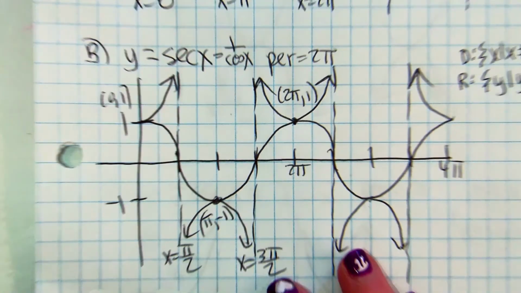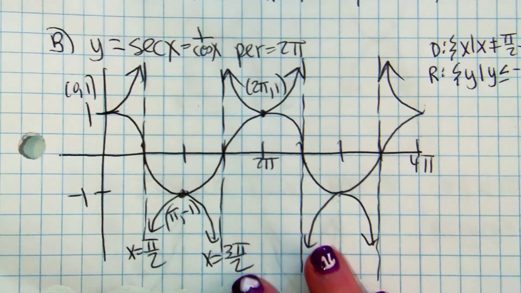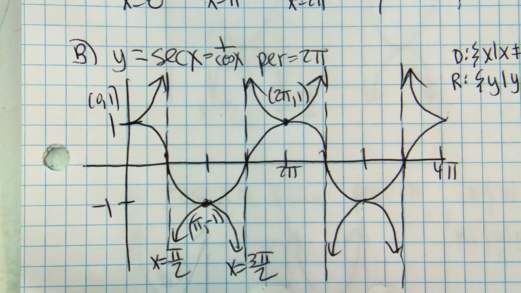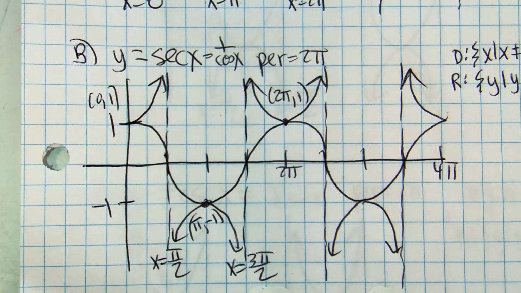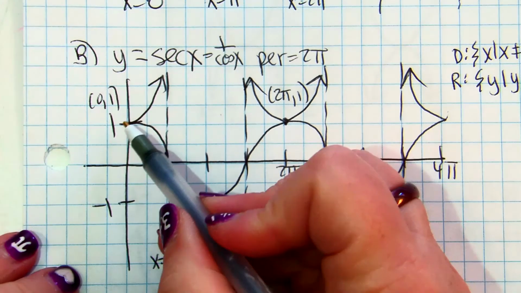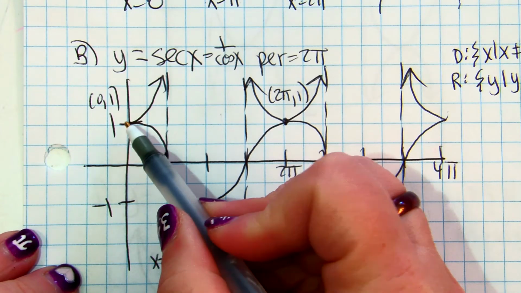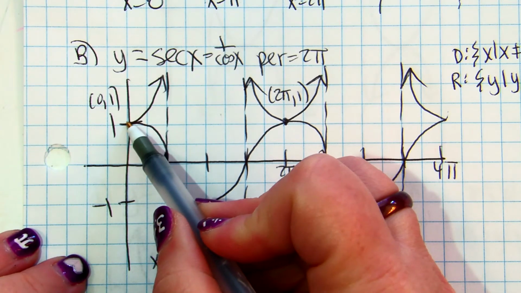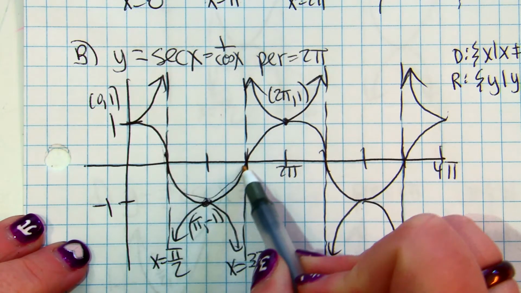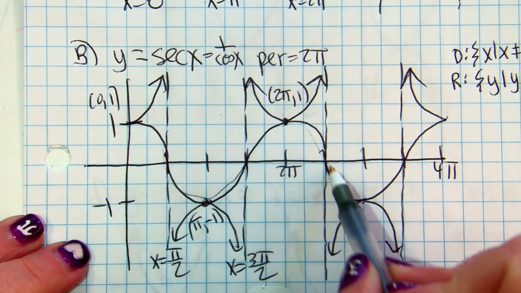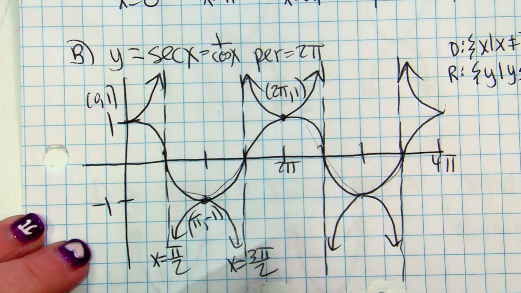The second one that we're going to graph is secant x, which is 1 over cosine. So I did the same scale as the other one, and hopefully you can tell that this is a cosine graph because it starts up at 1, at 0, 1, and it goes 1, 2, 3, 4 parts. Nice and curved, nice and smooth.